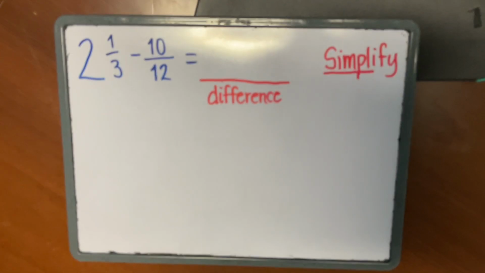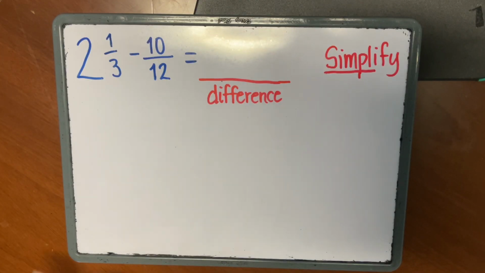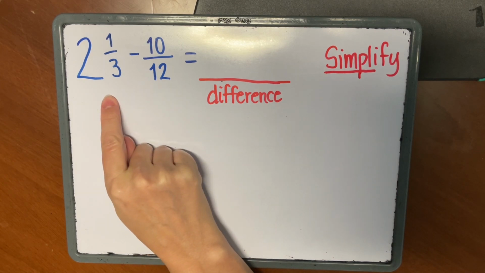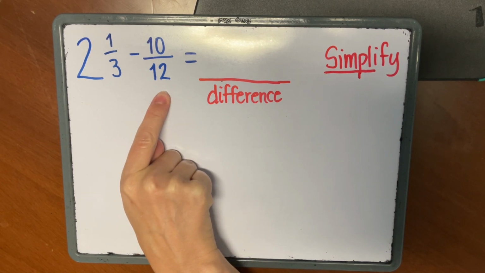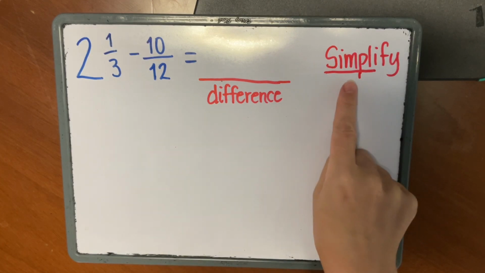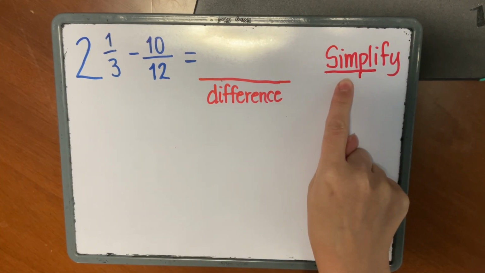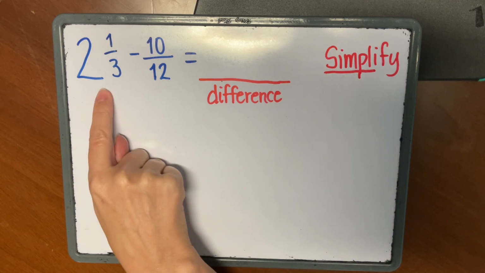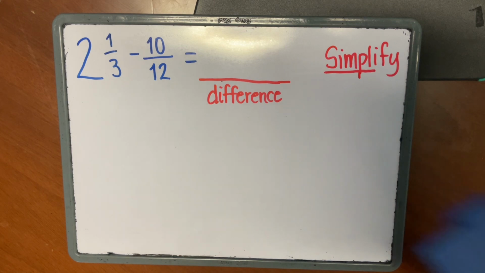Let's now try this with subtraction. Let's find the difference between 2 and 1/3 and 10/12. So what does 2 and 1/3 take away 10/12? As you build this, think about how you can simplify or find the simplest way to show the fraction tiles. I know I'm going to need some wholes. I see the 2.